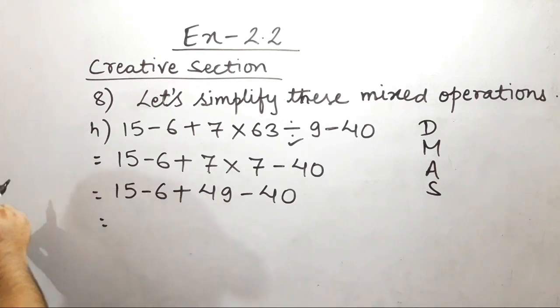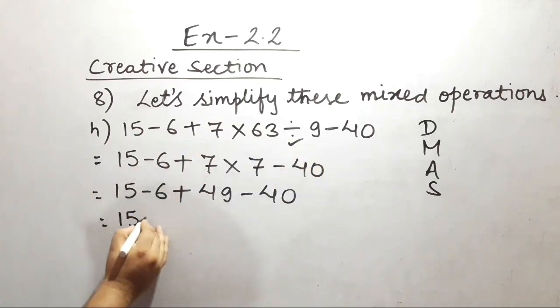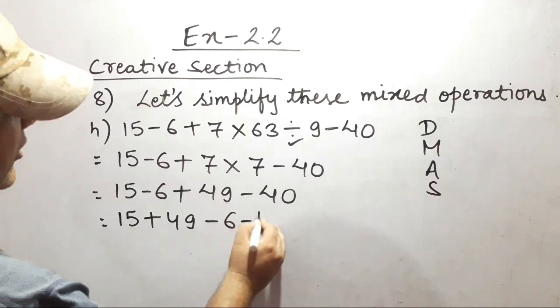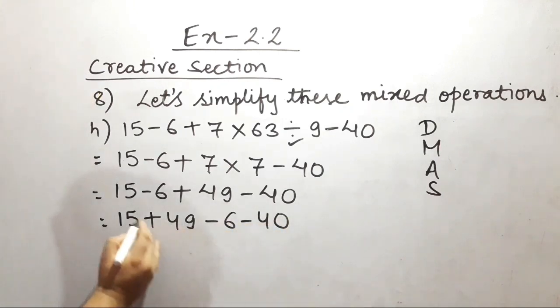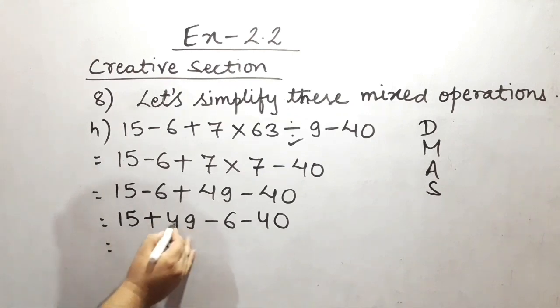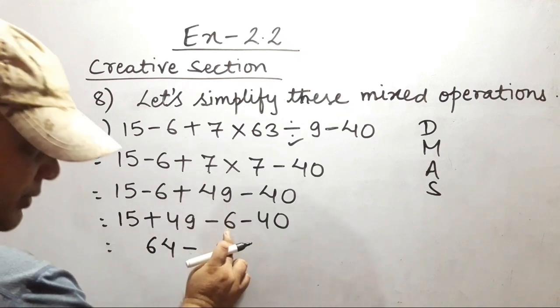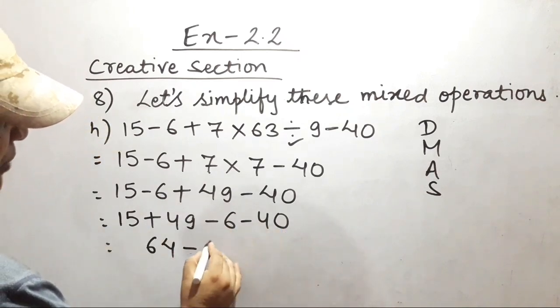So let's collect these positive numbers and negative numbers separately. 15 plus 49 minus 6 minus 40. 15 plus 49: 9 plus 5, 14, carry 1, 4 plus 1, 5 plus 1, 6. 64. Minus 6 and 40 should be added. Minus 6 minus 40, minus 46.